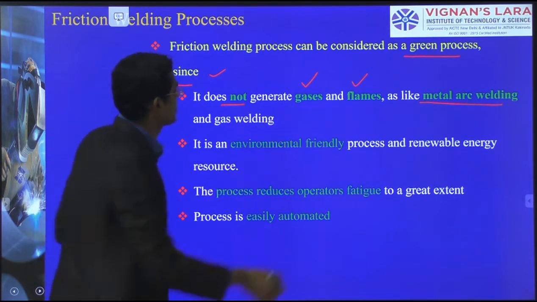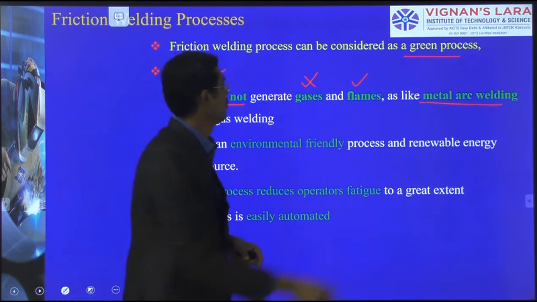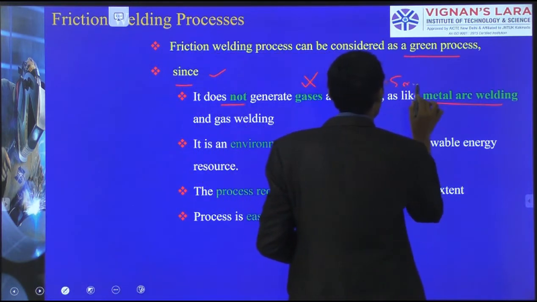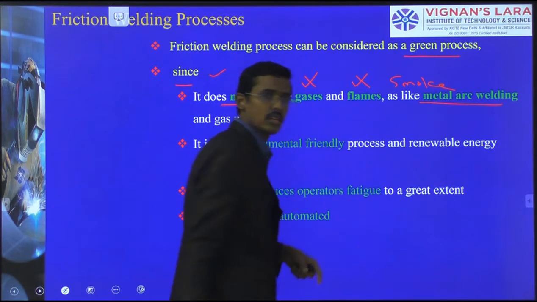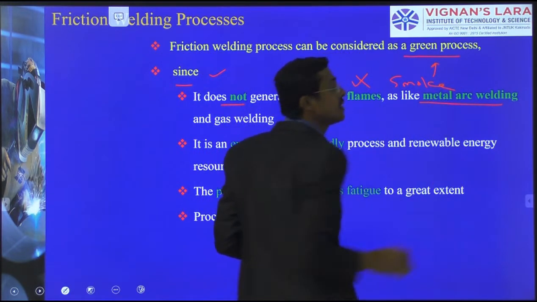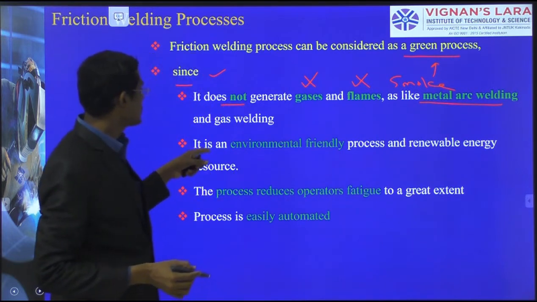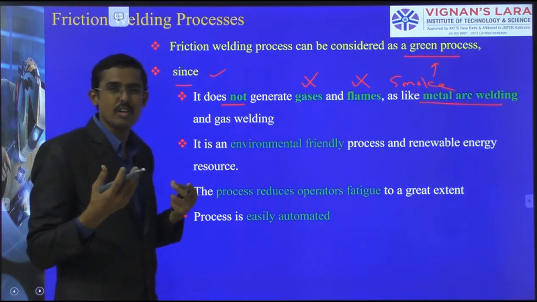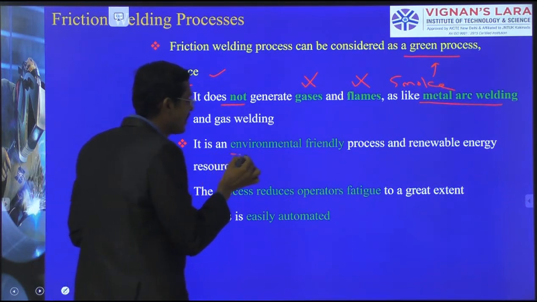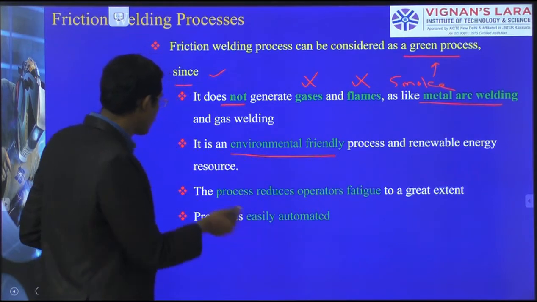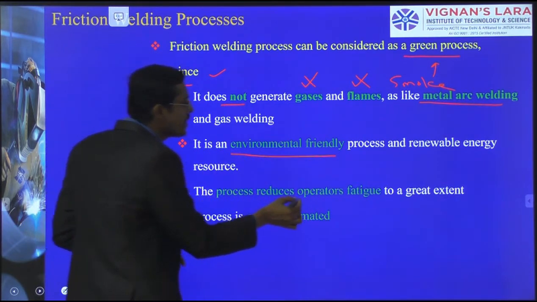We are not using gas. Flames are not there. Smoke is not there. Therefore I am telling it is a green process. It is environmentally friendly. If smoke is not coming, and shielding gases or flames are not there, then we can tell it is an environmentally friendly process.